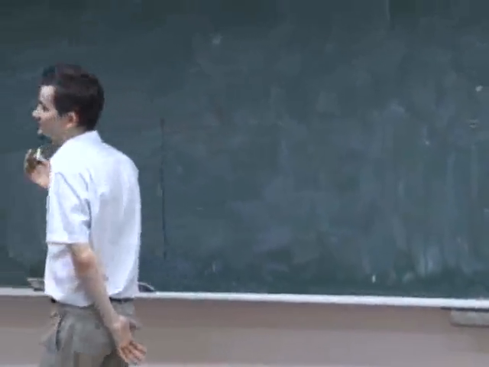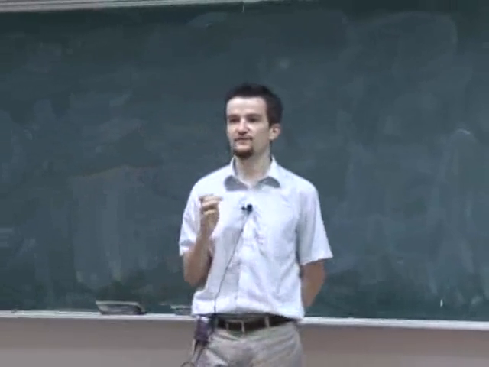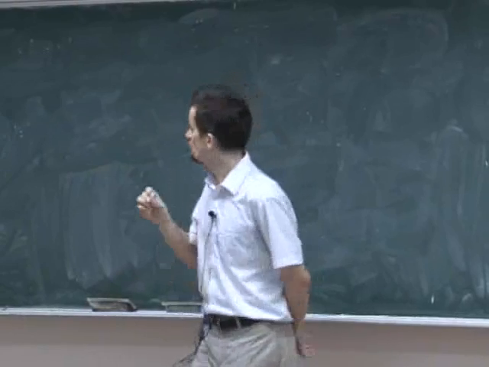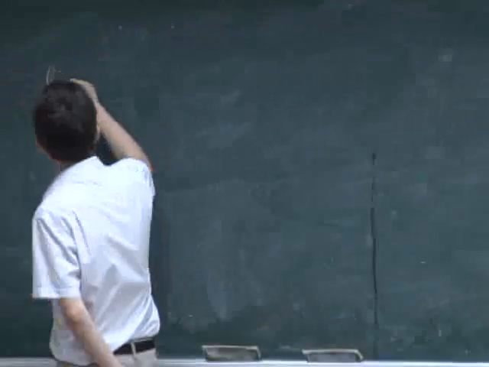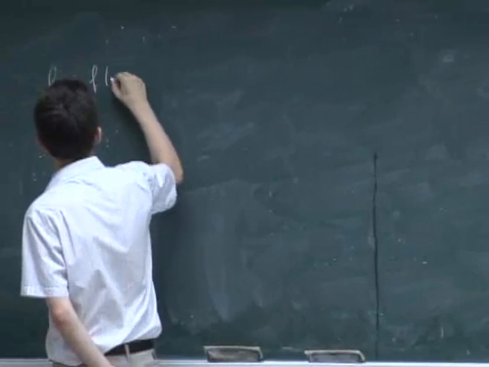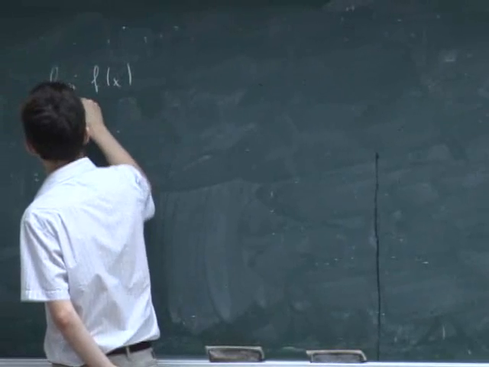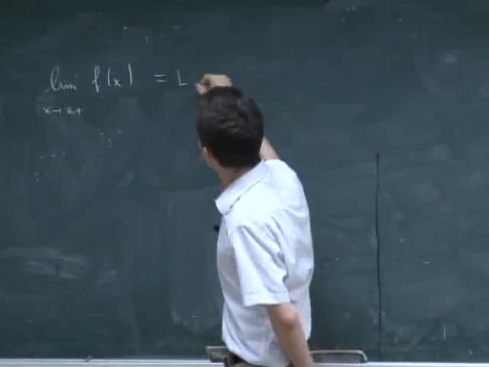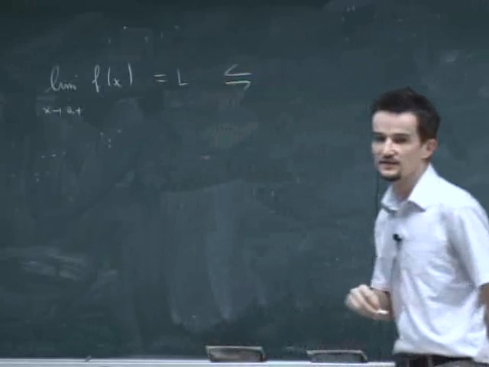Now, as I said, also for the other limits I have introduced at the beginning of the lecture, we can now give a similar definition. So, for instance, if we consider the right-hand limit, the limit of f of x as x approaches a from the right is equal to L. Now, what does this mean?